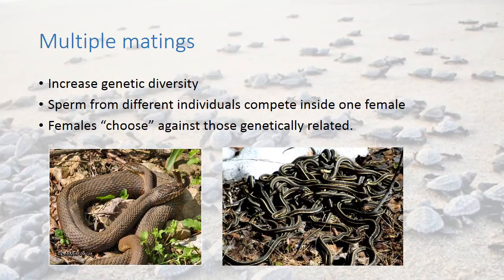So that's kind of a neat thing. This is on the left a water snake, and on the right this is a breeding ball. You see those in garter snakes a lot.